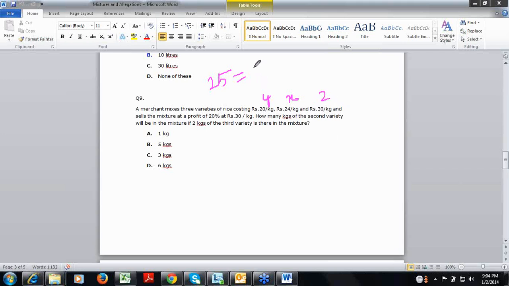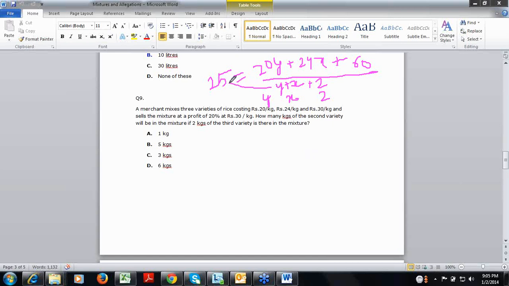So total is 20y plus 24x plus 60, divided by y plus x plus 2. This will be equal to the cost price of the mixture.